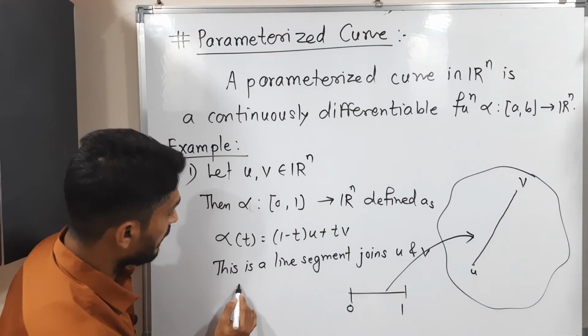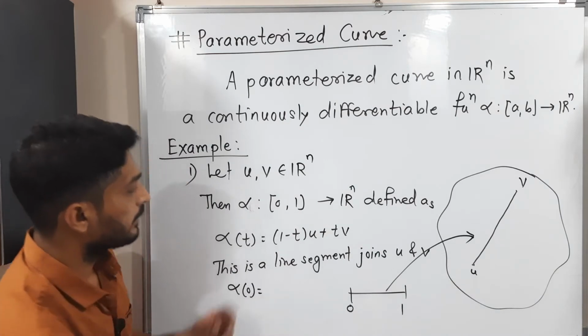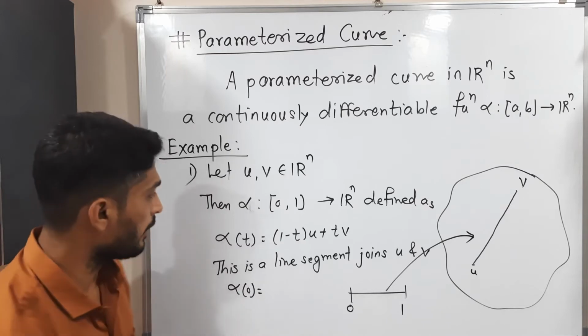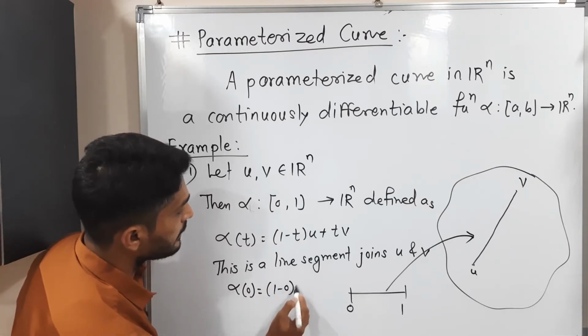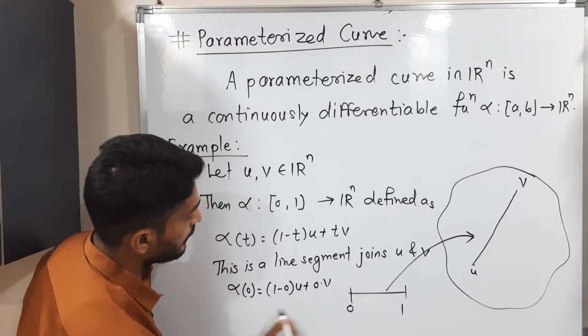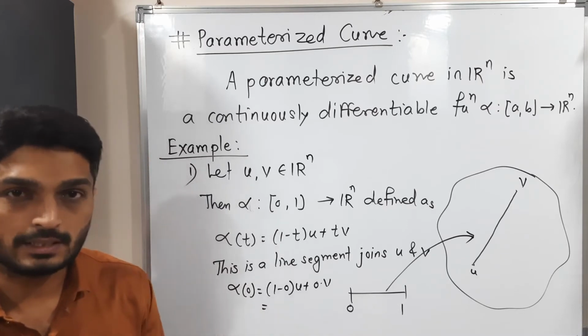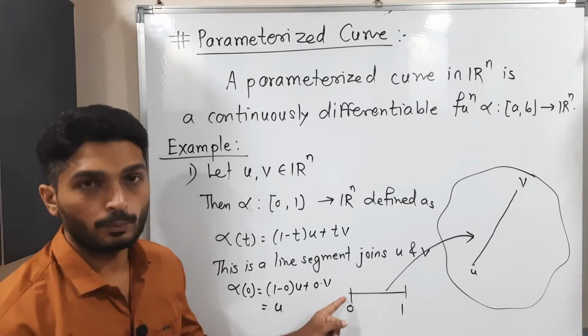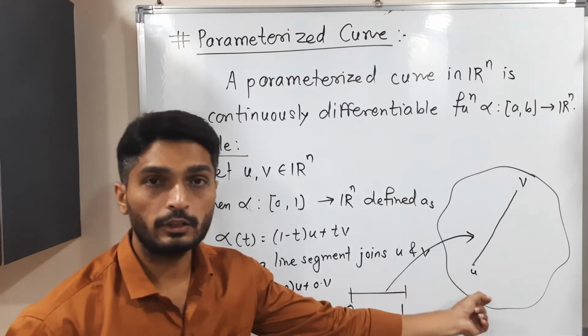Alpha of 0, what will you get? If in this definition you put t equal to 0, what will you have? (1 minus 0)u plus 0 into v, which is 0 into v is 0, and 1 into u. That means alpha of 0, initially we are at u.